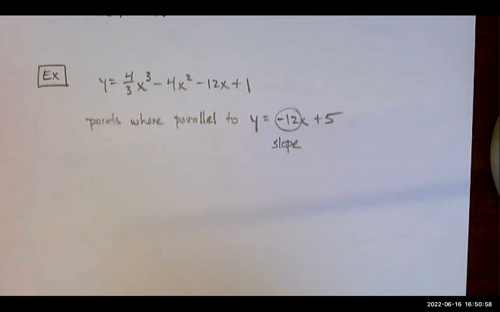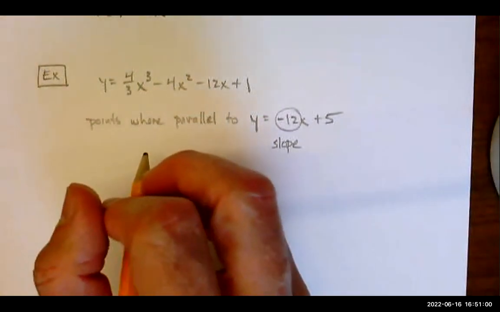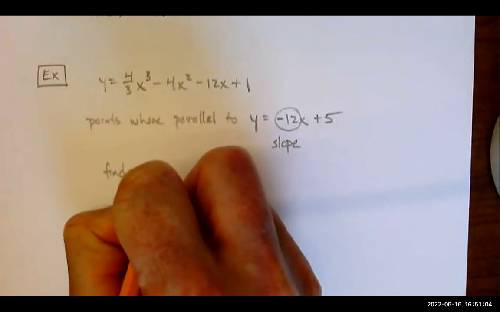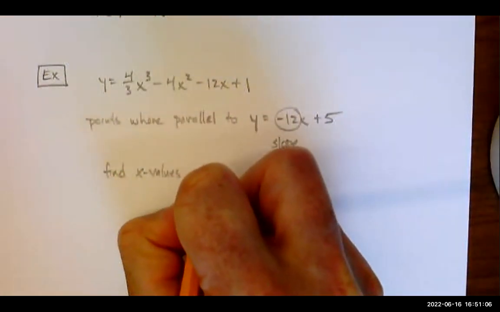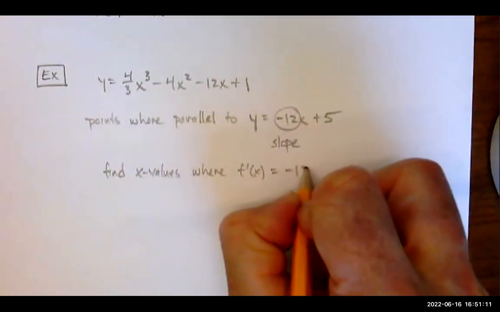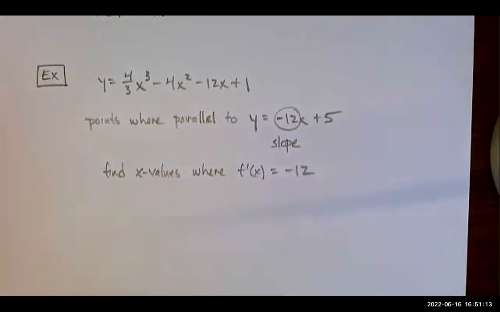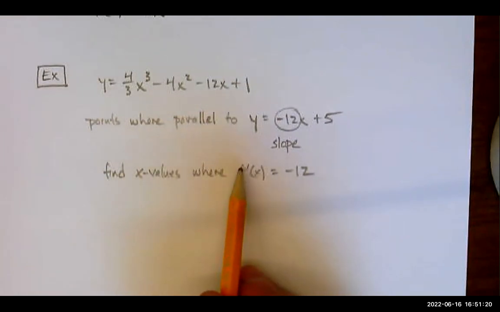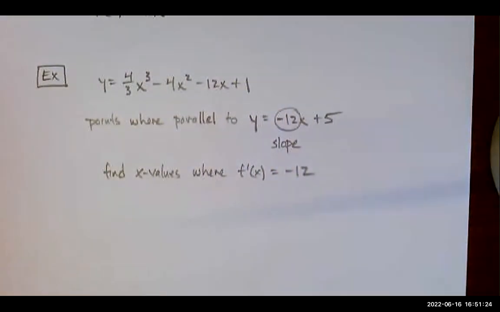We want to find x values where f prime of x is equal to -12. If we can find the x values where the derivative, which represents the slopes of tangent lines, is equal to that same slope, then we know those tangent lines are going to be parallel to this other line.